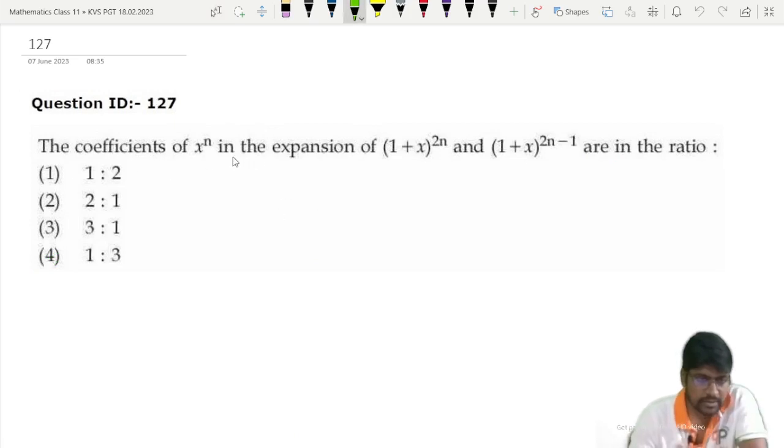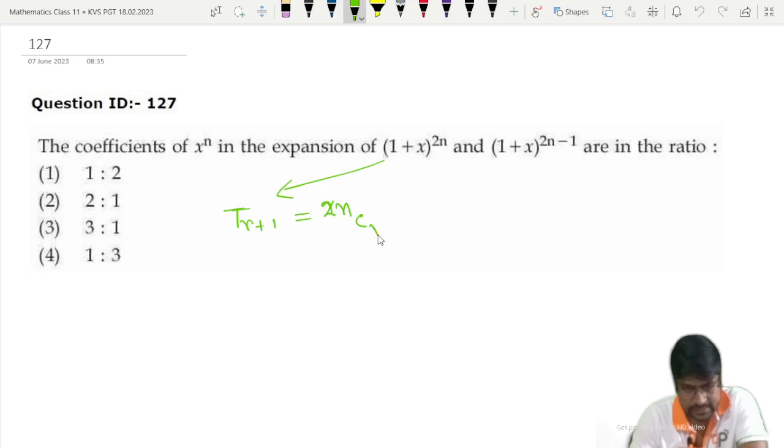The coefficients of x to the power n in the expansion of (1 plus x) to the power 2n and (1 plus x) to the power 2n minus 1 are in the ratio of what? Coefficients of x to the power n. So for this expansion, what is the r plus 1th term? T(r plus 1) is equal to nCr, or n means here 2n, 2nCr into x to the power r.